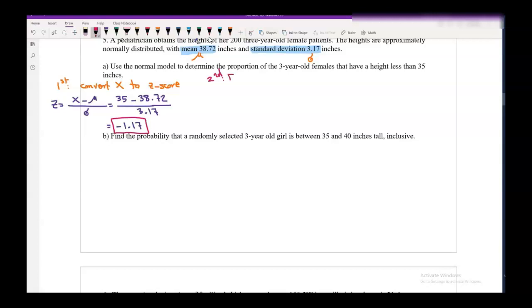Now, second step, we have to find the area. Area to the left, because here we have less than. This less than means finding the area to the left of our x, so left of z, and z is negative 1.17.